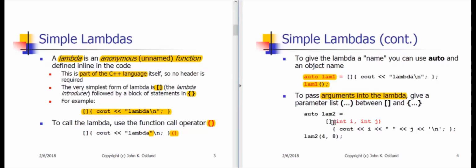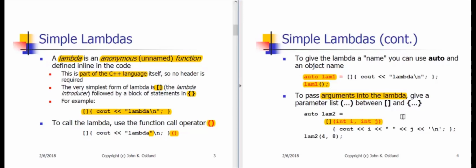Now it's easy to send arguments into a lambda. You can use parentheses between the lambda introducer, the square brackets, and the body of the lambda, the curly braces, to specify the names and types of any parameters that you would like this lambda to be able to receive.